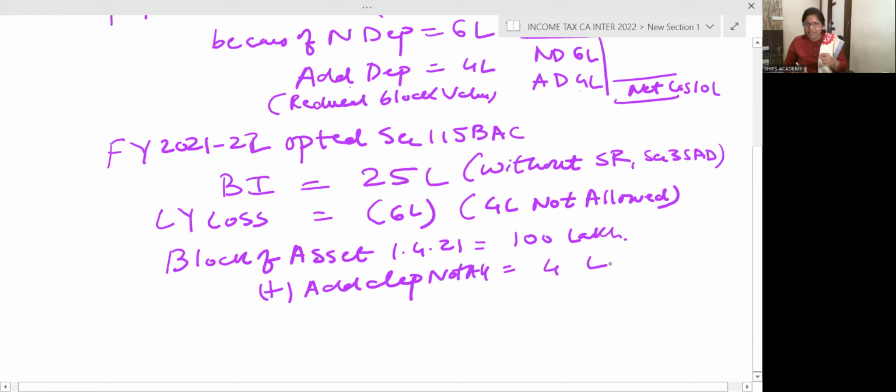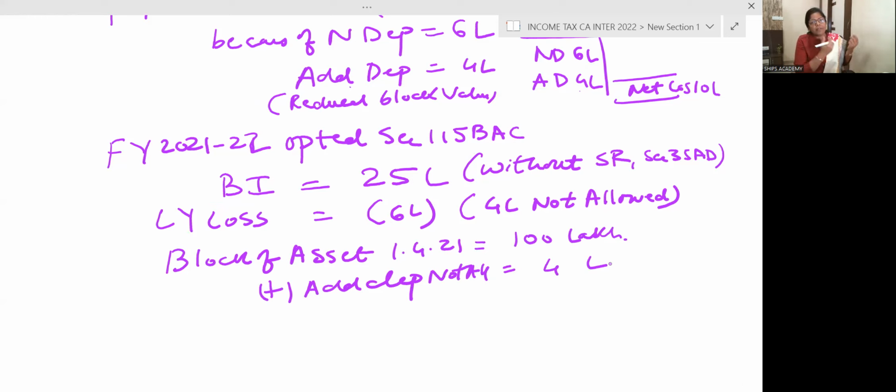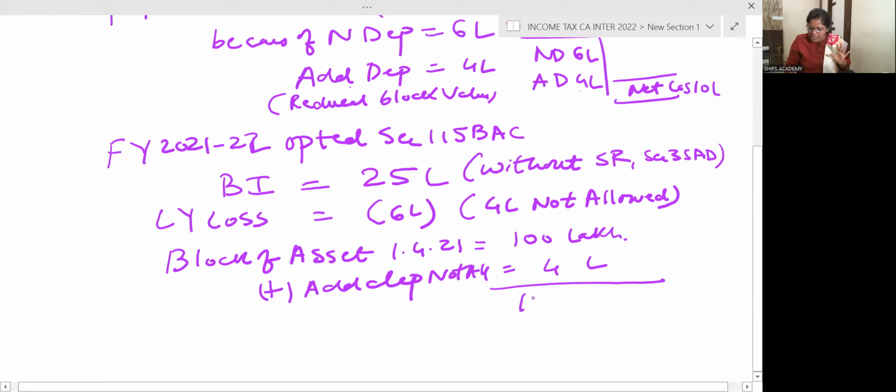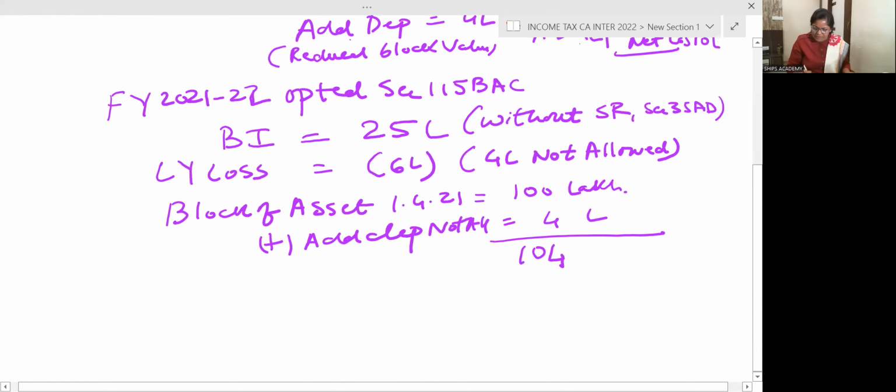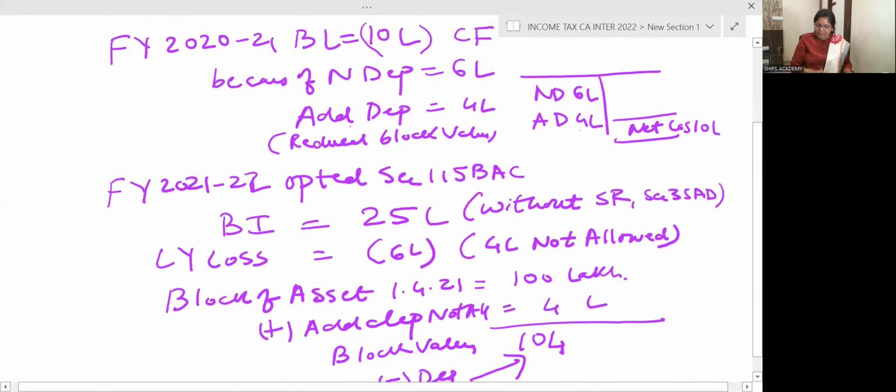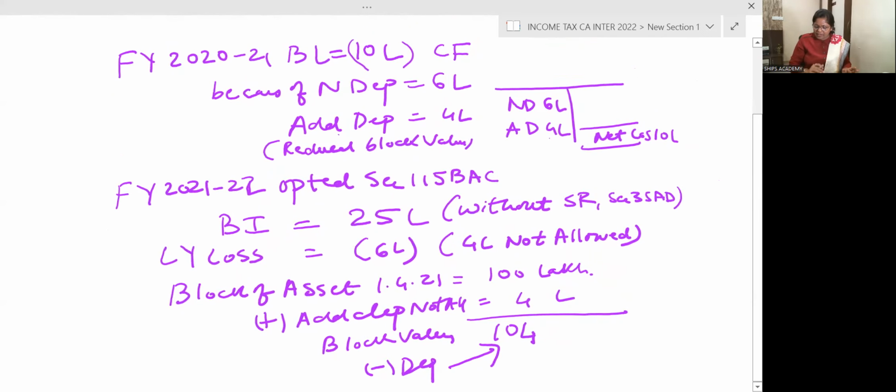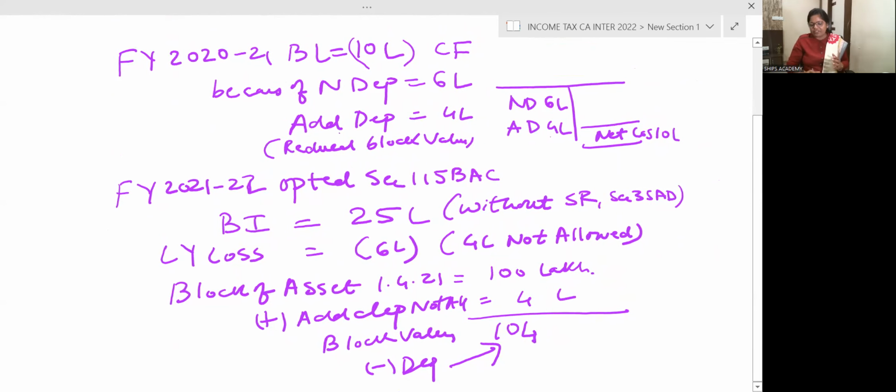Now you are going for the alternative tax regime. You will never be able to set off this; add it back to your WDV and start charging depreciation on the block value. I have written this note in such a way that you understand the explanation.